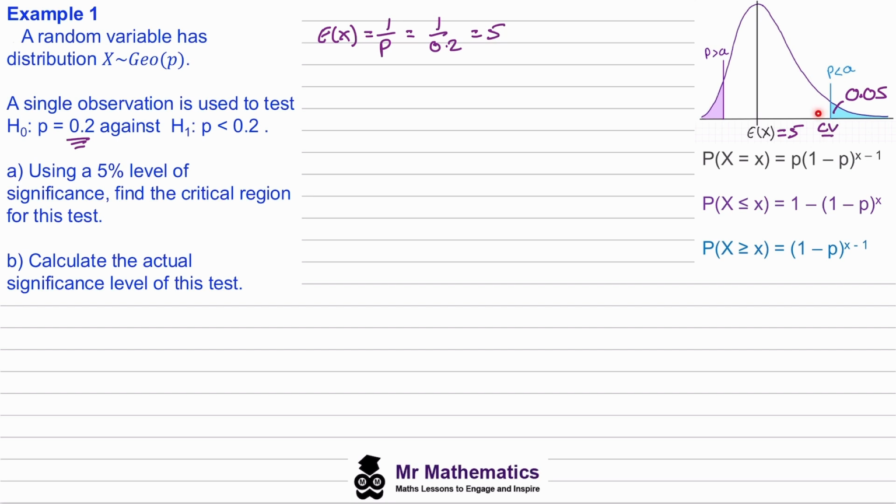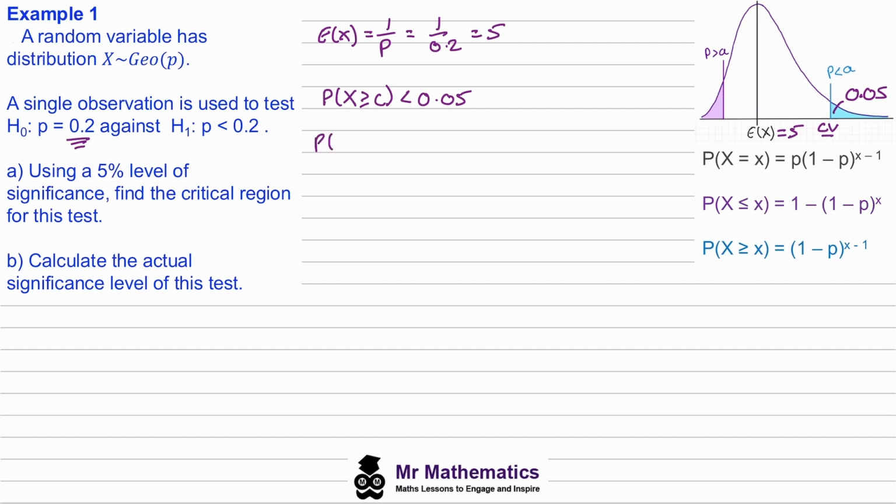And this separates where we accept H0 to where we reject H0. So we need to find a probability of x being greater than or equal to c, which is our critical value, and this has to be less than 0.05, our significance level. And then we can see we're going to use this equation.